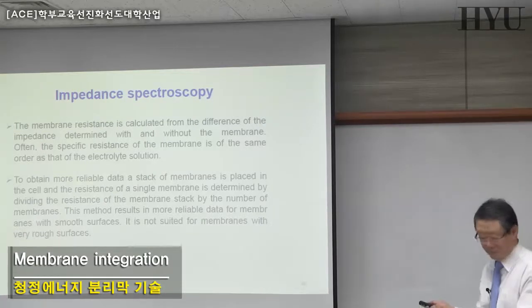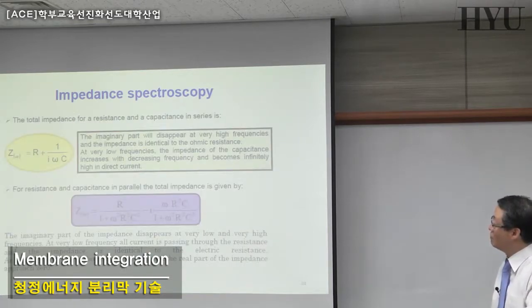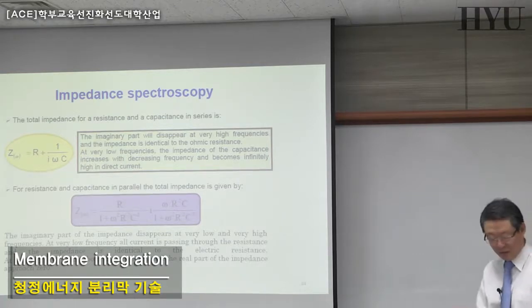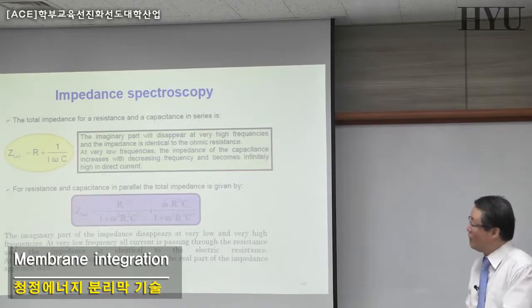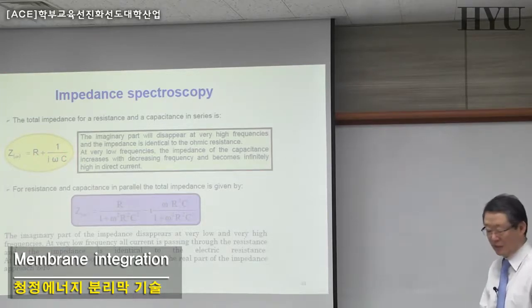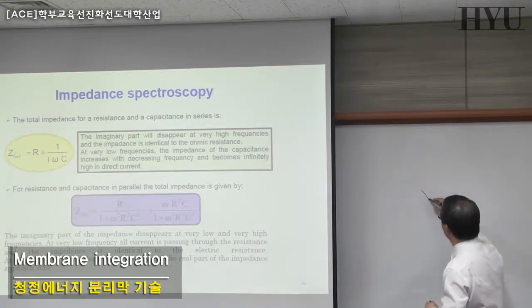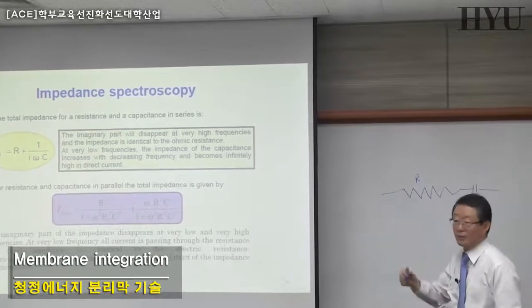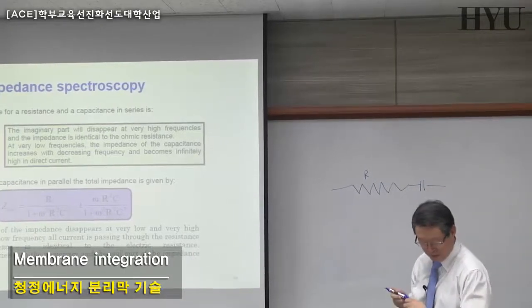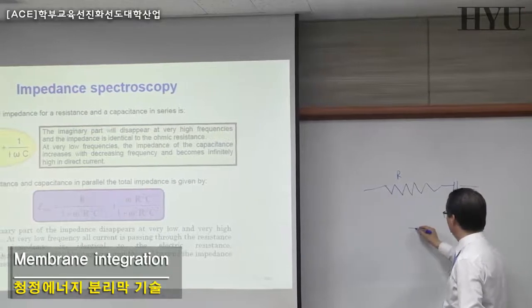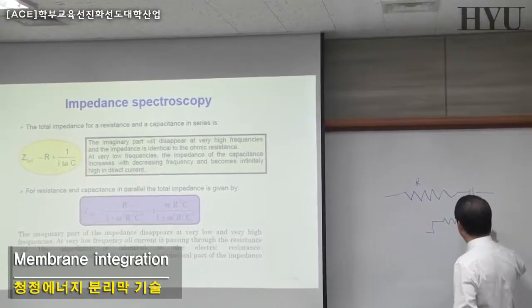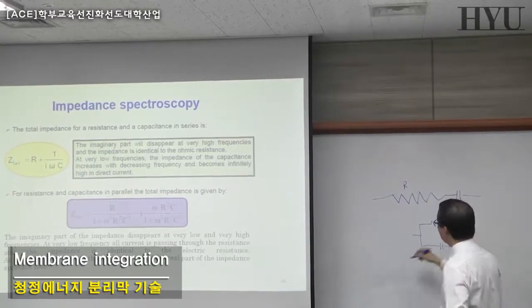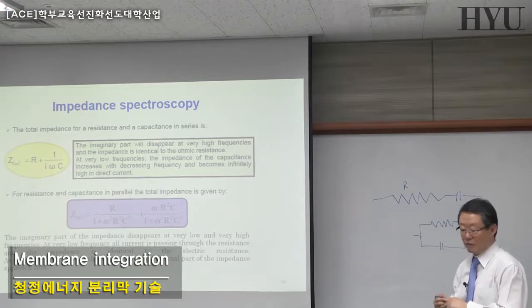So, membrane resistance. This part can be explained like this: when we have a series model, like a resistance and capacitance, the total impedance can be described by the equation given above, whereas if you have a parallel model, the equation on the bottom can be effective in this case.